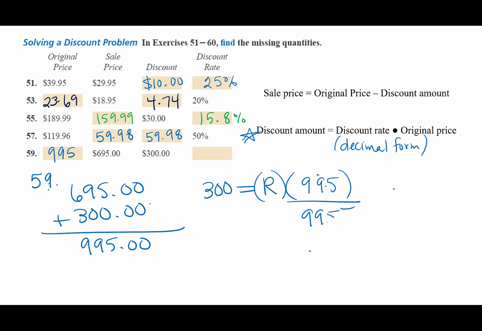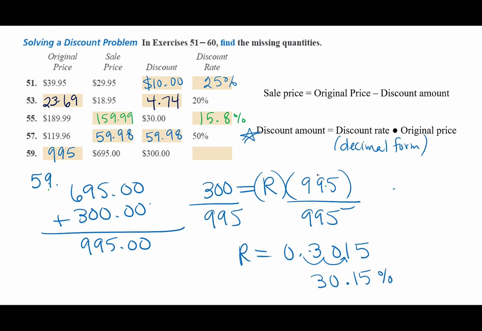Divide both sides by $995 to get the decimal 0.3015. Now convert that decimal to a percent by moving the decimal point 2 places to the right. That's 30.15%. And go ahead and round this one to the 10th position as well. So we'll round it to 30.2%. That's your markup and discount problems.